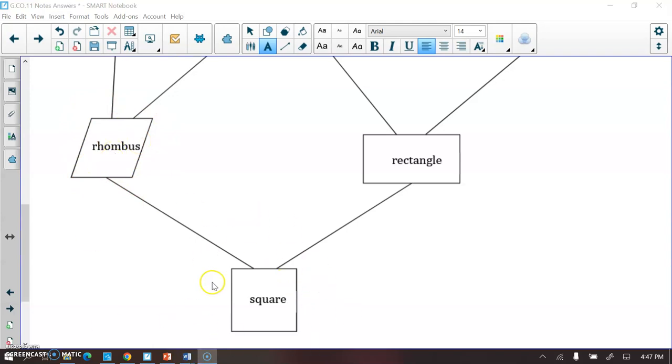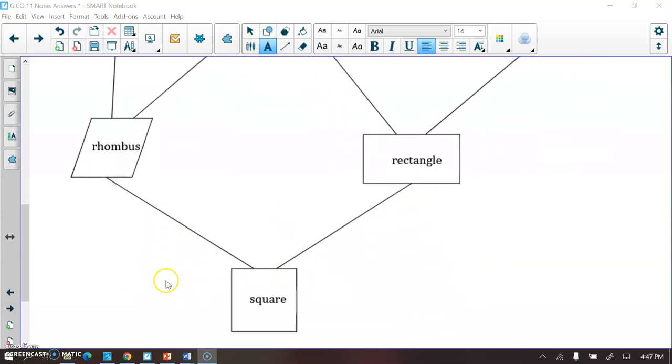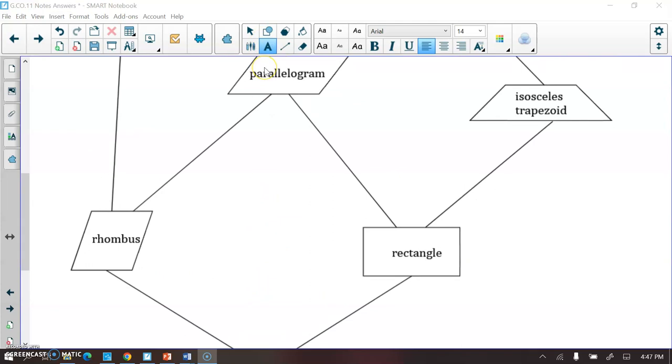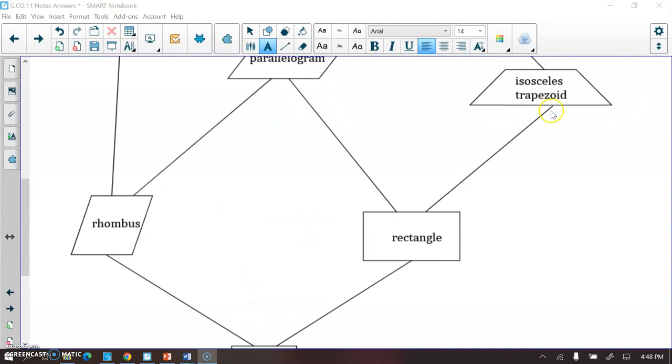A square is always a rectangle. A square is always a rhombus. A rectangle is always an isosceles trapezoid. A rectangle is always a parallelogram. In addition, a square is always a parallelogram, and a square is always an isosceles trapezoid.